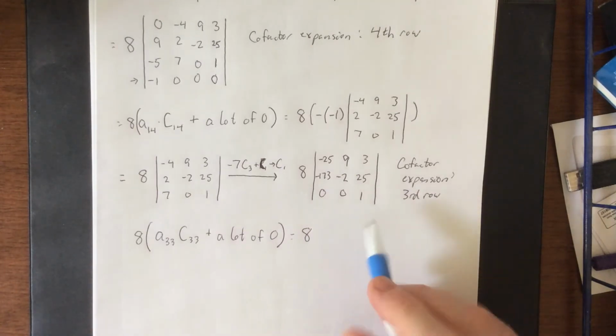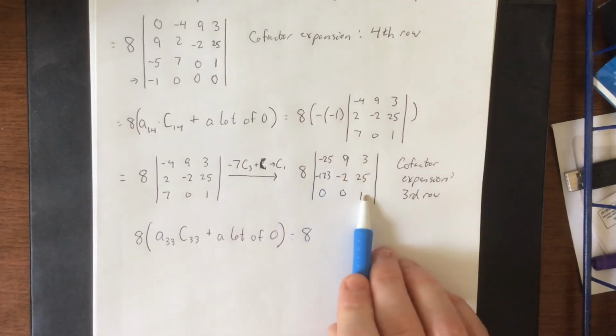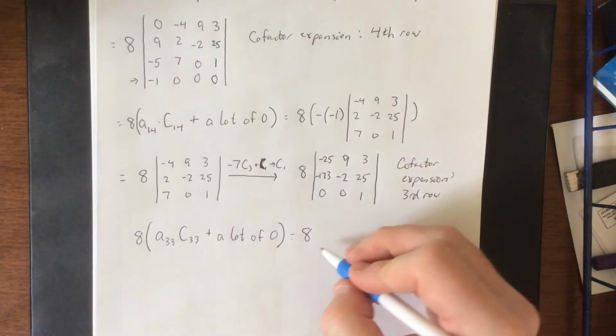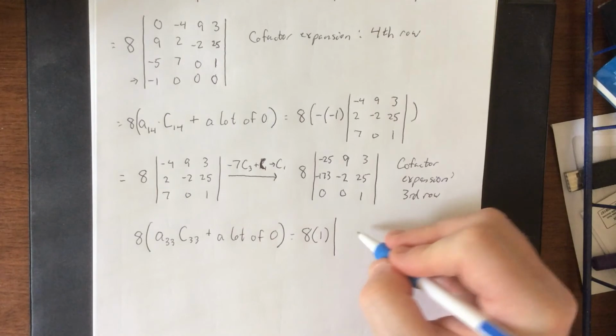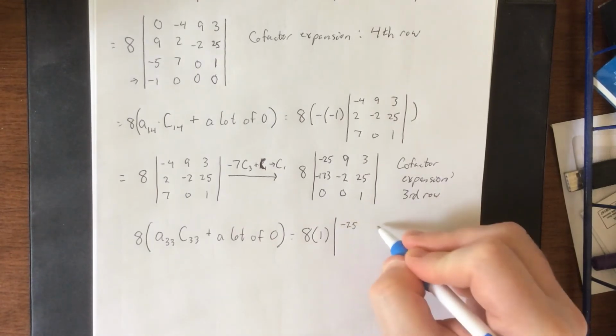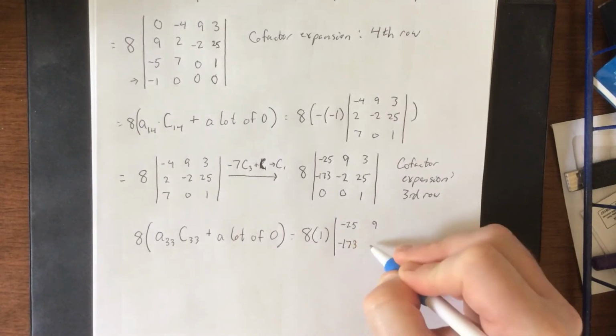So we'll have 8 times. For the 3,3 entry, we start with a positive, minus, positive, minus, positive. That's a positive position, so that'll be simply 1 times the 3,3 minor, which will be negative 25, 9, negative 173, and negative 2.